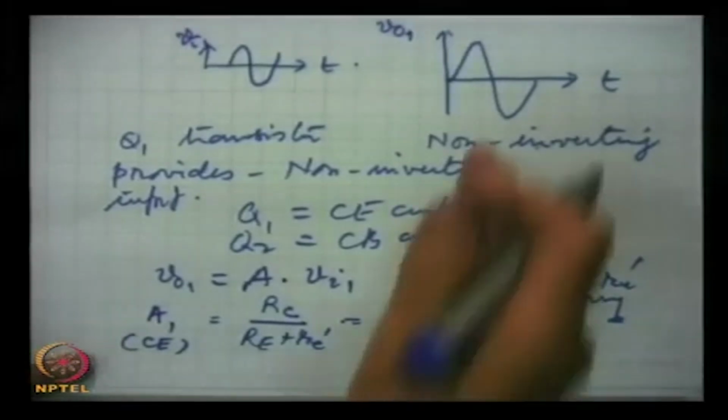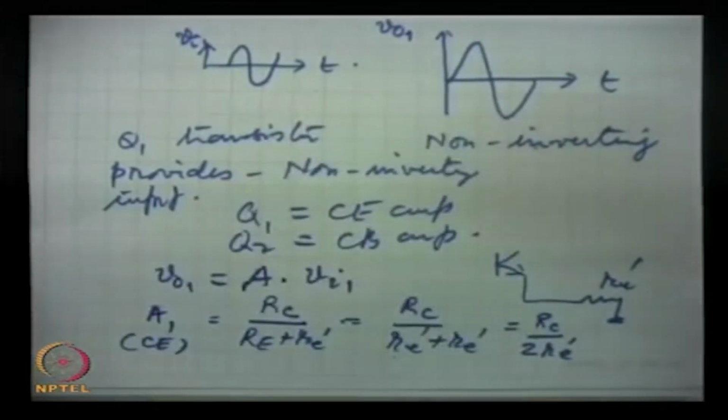And similarly, the voltage gains in CE and CB are identical, and hence this will be A2 for the CB amplifier.